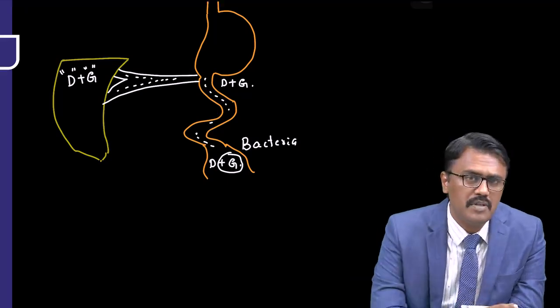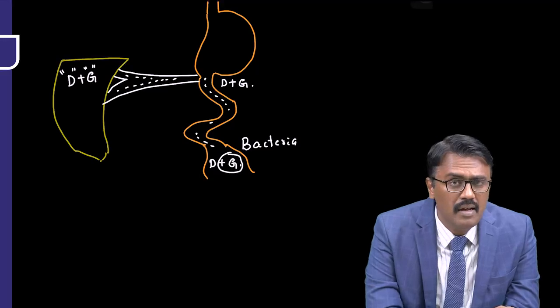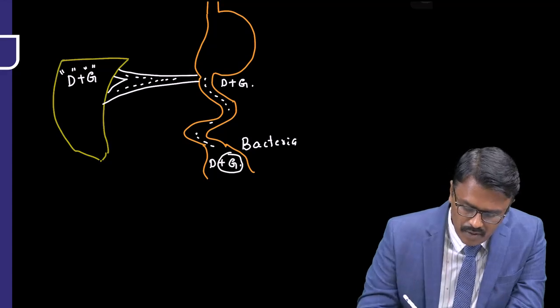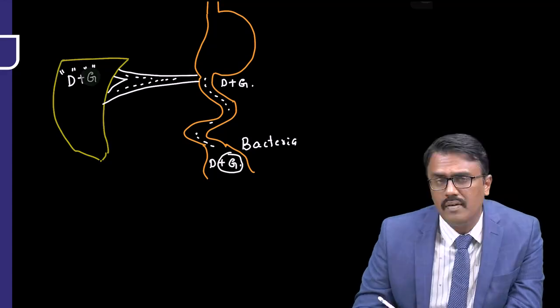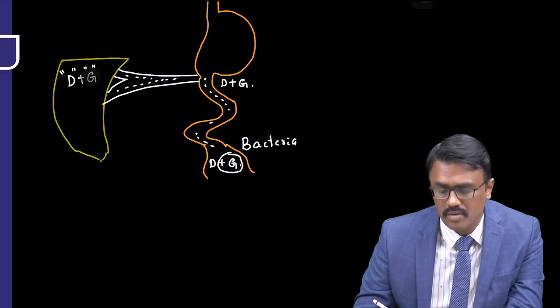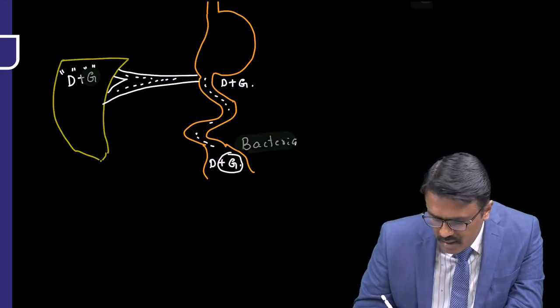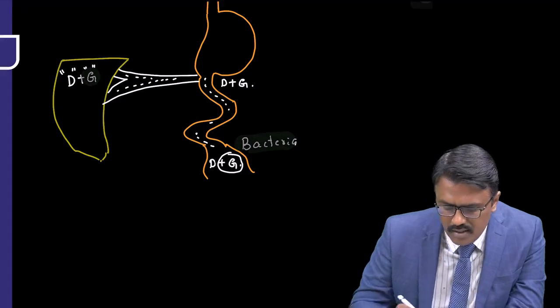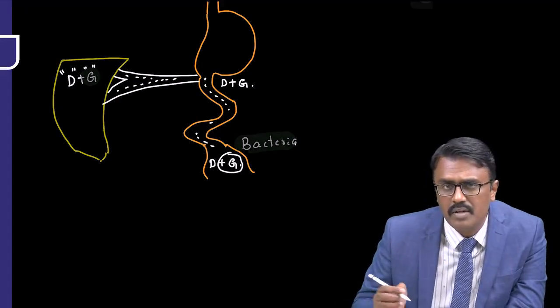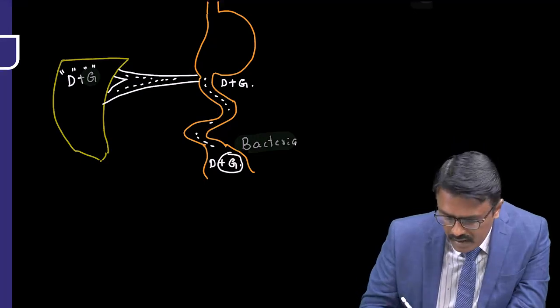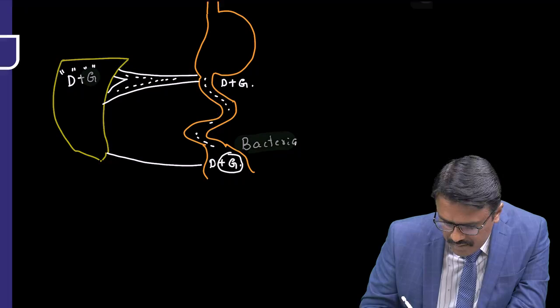Now you tell me what is the purpose of metabolism? To make a lipid soluble into water soluble. So that's why we add a group called glucuronide so it can be thrown out. Now it is water soluble and thrown out. Now when the bacteria in the intestine remove that glucuronide, now the drug is removed from that. Now the drug becomes lipid soluble. So again the drug can get reabsorbed back.